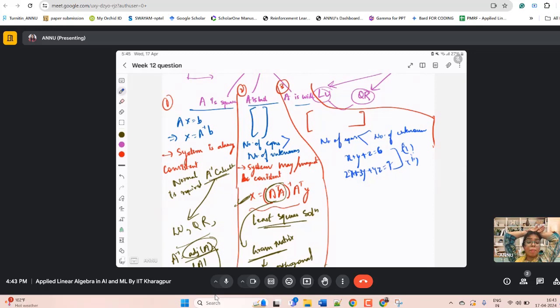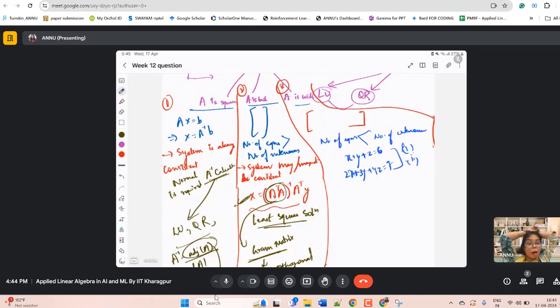Suppose you make z a variable and solve for x and y, so z can be any value from minus infinity to infinity on the real axis, and x and y will satisfy the equations. Do you agree?